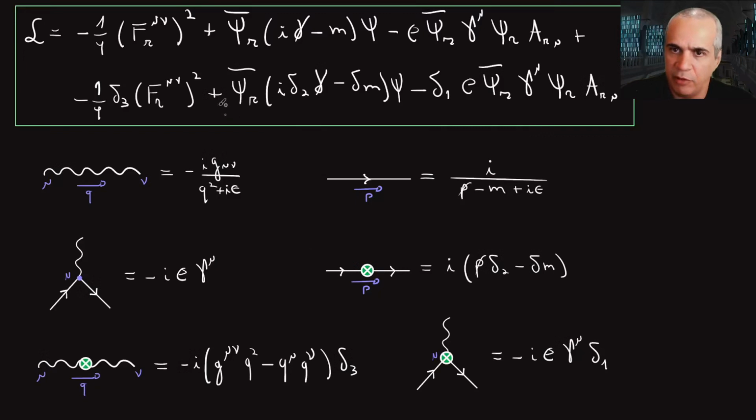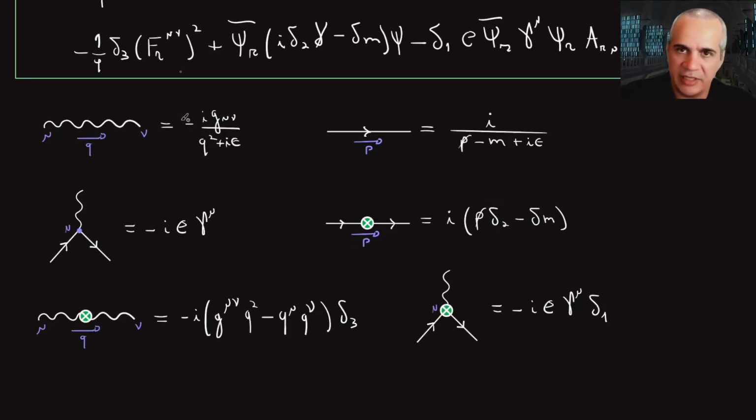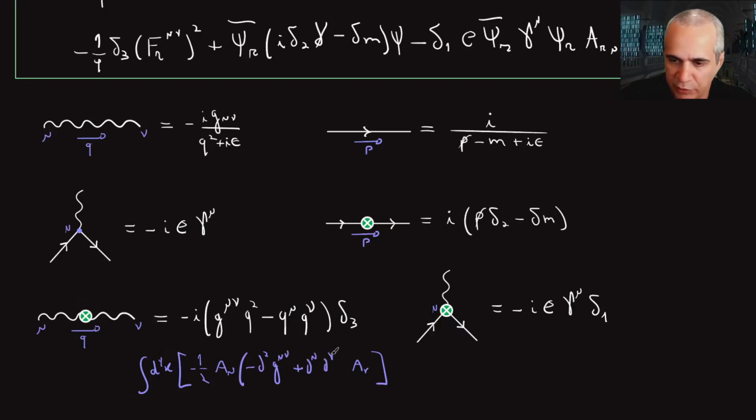Also here, for the counter term for the photon, you can take this term and do an integration by parts to write it like, let me get another color, something that looks like d⁴x of minus half of A_mu, and the operator that appears in the middle here is minus del² g_mu nu plus del_mu del_nu.